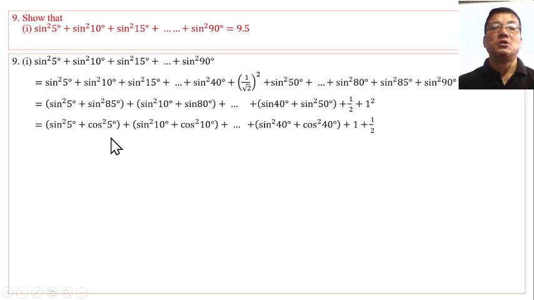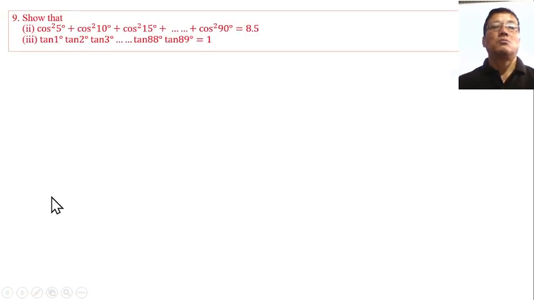The identity is sin square theta plus cos square theta equals 1. So 5 to 1, 10 to 1, 15 to 1, up to 40 to 1, and the half makes the right hand side 9.5, hence proof.